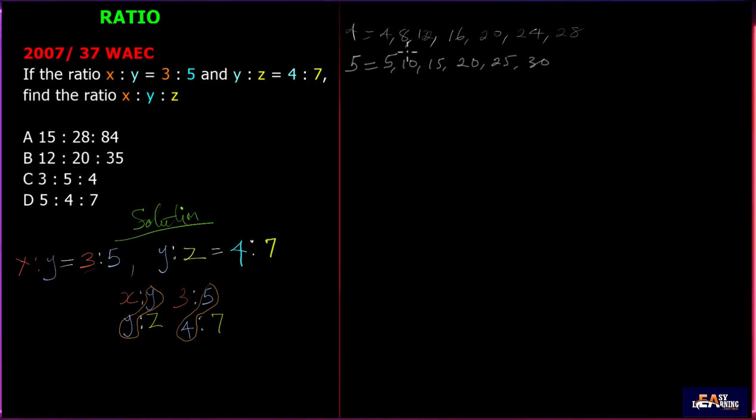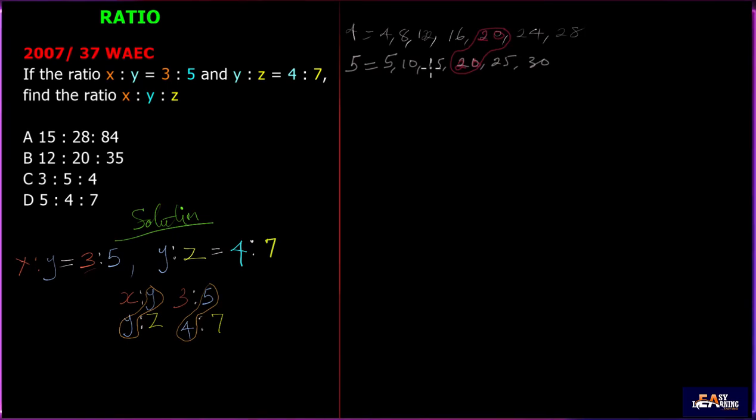The only such number is 20, meaning 4 can divide 20 and 5 can divide 20. So that was the shorter way of making the two y's, this y in this ratio and this other y in this ratio, to be 20.